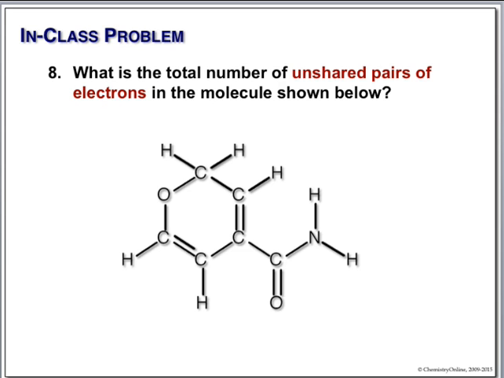If you recall, oxygen has a valence of 2, doesn't it? But because it's in group 6, it must also have 2 unshared pairs of electrons. This oxygen also must have 2 unshared pairs, and of course our nitrogen has 1.